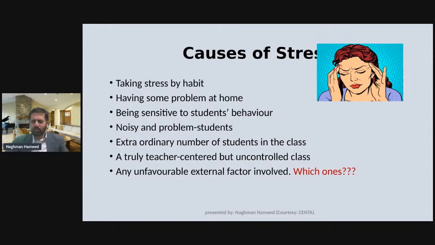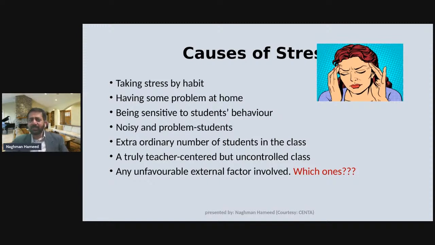If anything goes wrong, even to a little extent, they get stress. So this is one thing. This is very difficult to handle. Having some problem at home, this is a natural thing. If somebody is worried about their kids, their family members, obviously that will reflect in the attitude of the teacher in school.